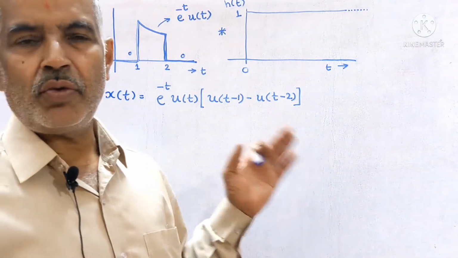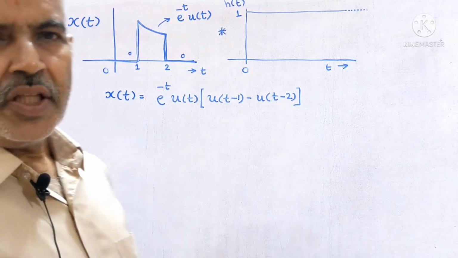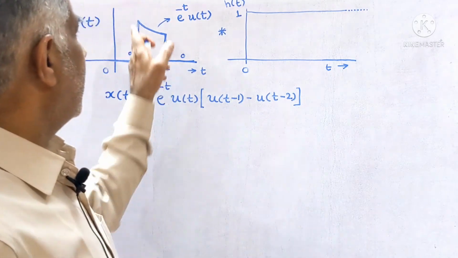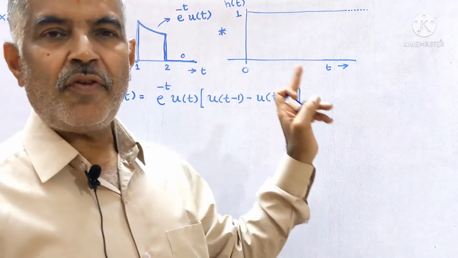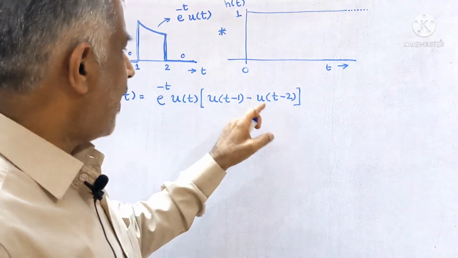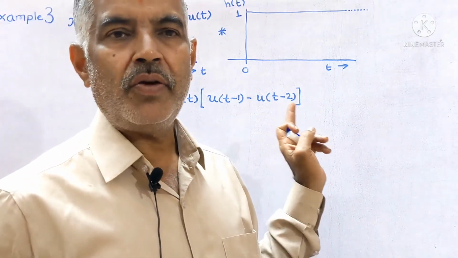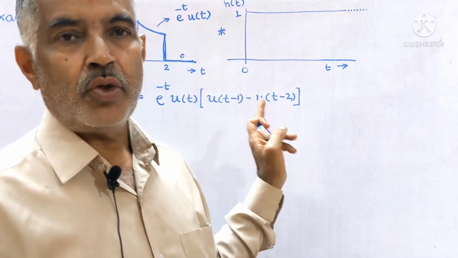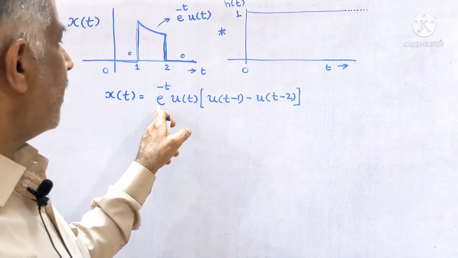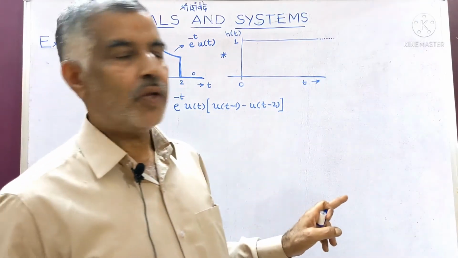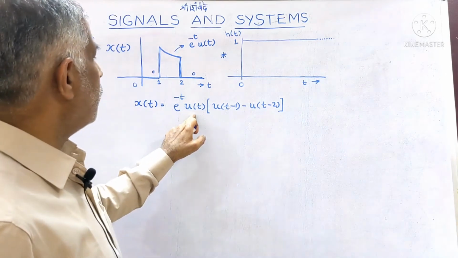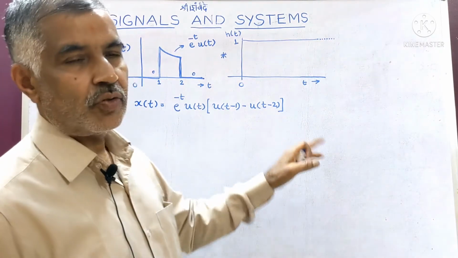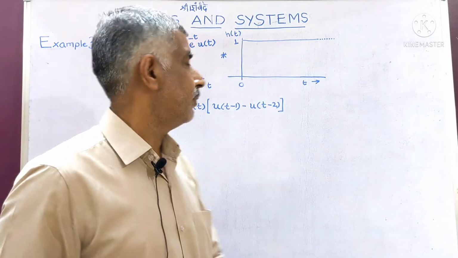Now you need not know about the gate function for this problem, but in the examination, if the waveform is not given but the mathematical form is given, you should know this to sketch it. That is why I am stressing the gate function for you. So e power minus t u(t) into u(t minus 1) minus u(t minus 2). For the problem it is not required.